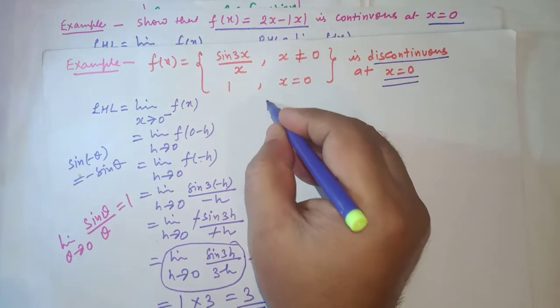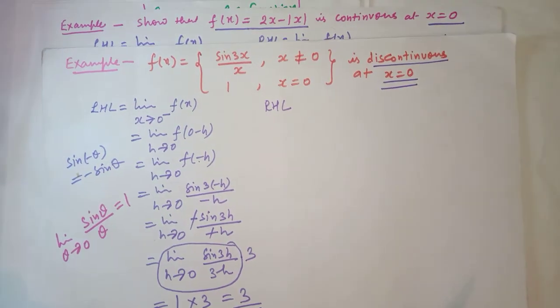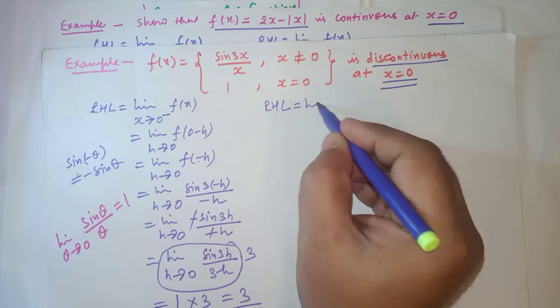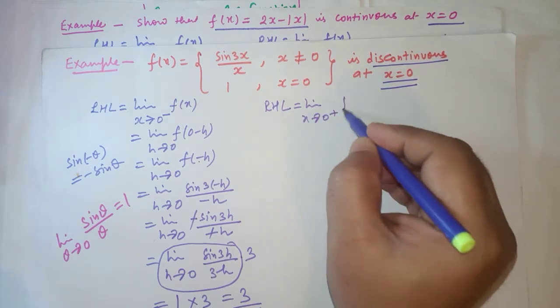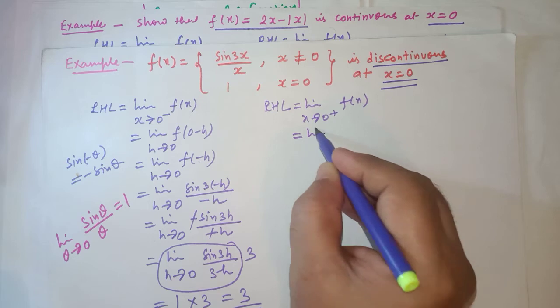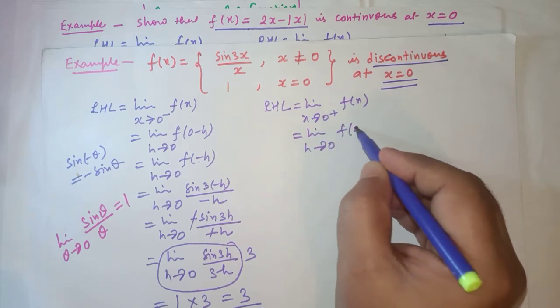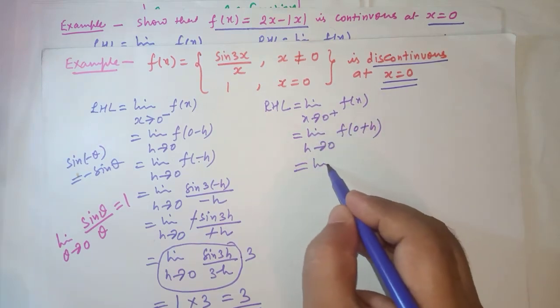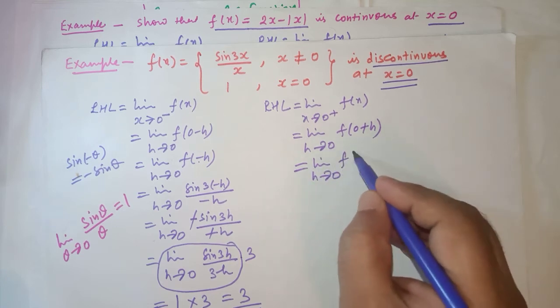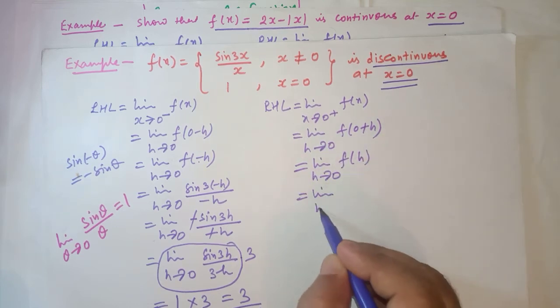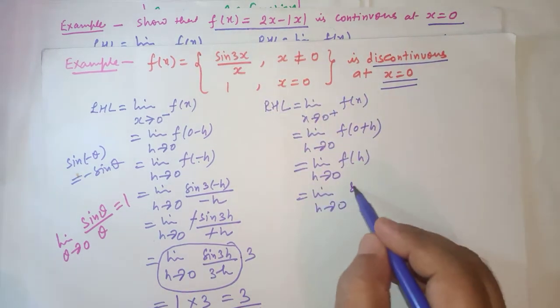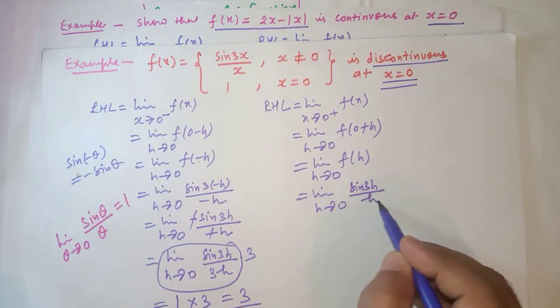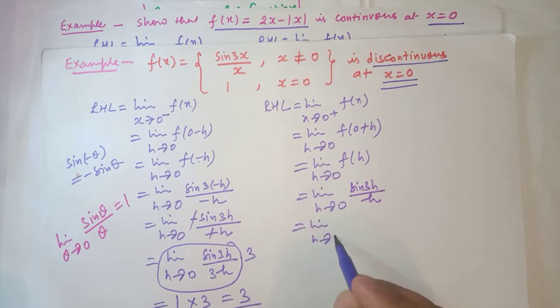Now similarly we'll have the right hand limit. So here we have x tends to 0 plus of f of x. So here we have limit h tends to 0 of f of 0 plus h. Clear? So we have limit h tends to 0 of f of h, so f of h is sine of 3h over h. Again we'll do the same thing as we have done in the calculation of the left hand limit, that is, we'll divide and multiply by 3.